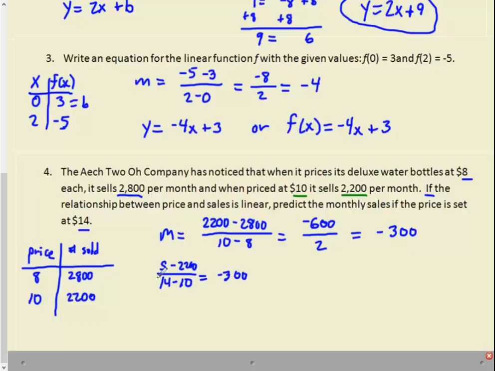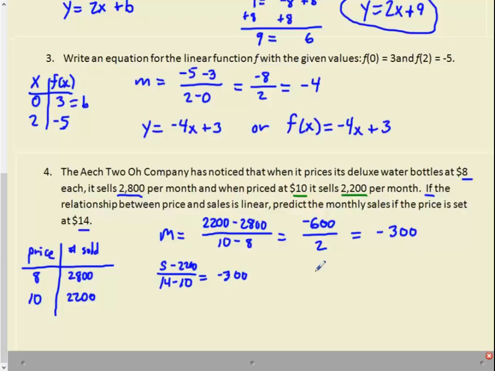So what I'm doing is applying that rate of change. For every dollar we increase the price, we lose 300 sales. There's a difference of $4, so we're increasing the price $4, and you can multiply 4 times -300, which is -1,200, and that tells you how much you're going to lose in sales.